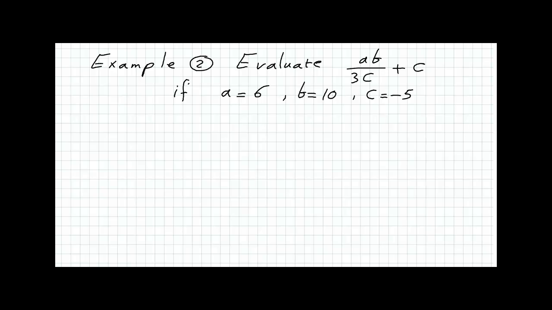So, to evaluate that, we will substitute the values of A, B, and C. So it will be 6 times 10 over 3 times -5, all of this added to -5.